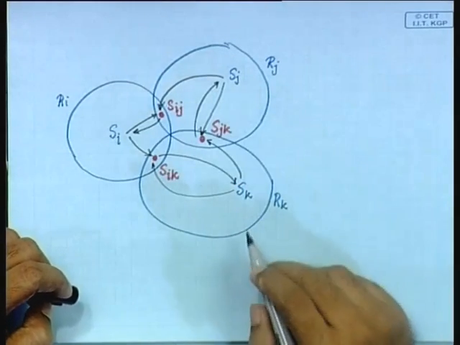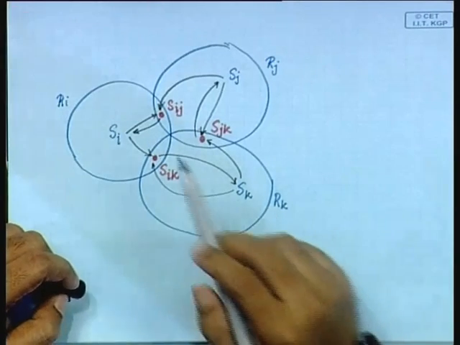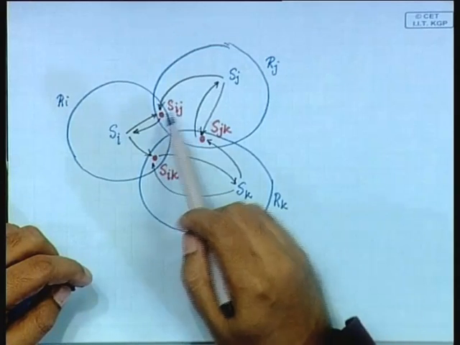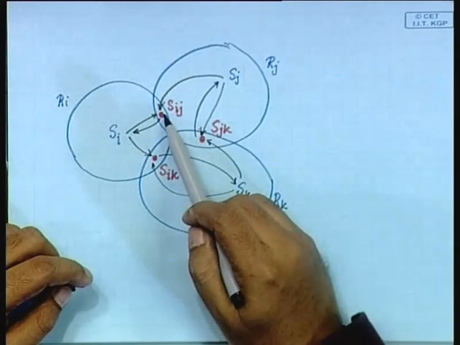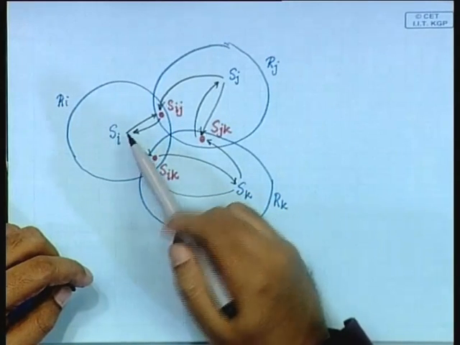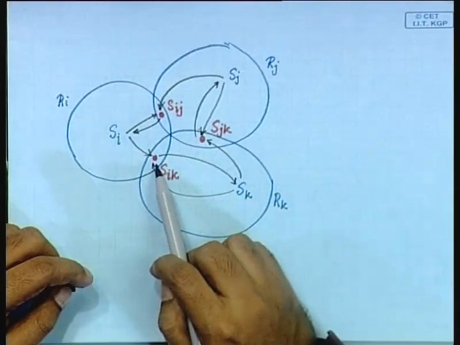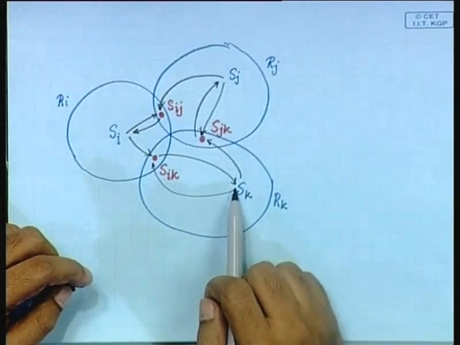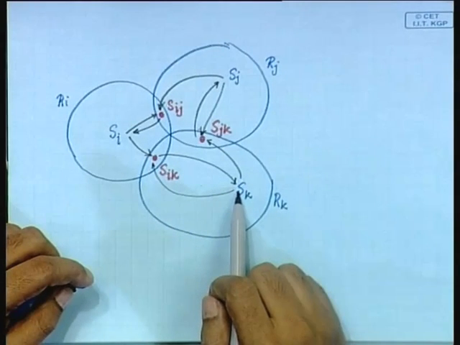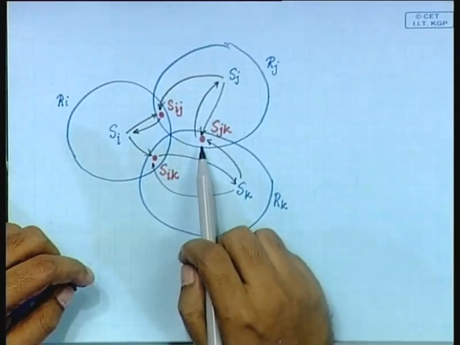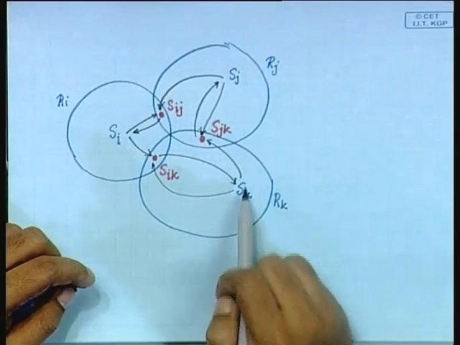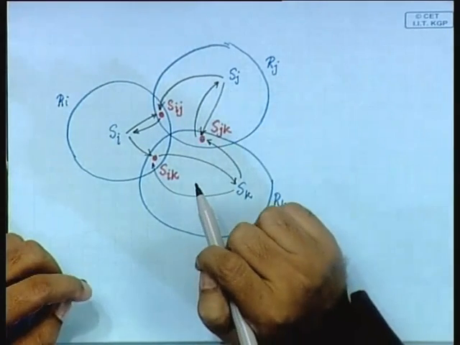So, now you see we have a deadlock situation because Sij cannot give permission to Sj until Si has released the critical section, but Si cannot release the critical section because it is waiting for a reply from Sik, right. But Sik cannot give that reply because it has given permission to Sk, but Sk cannot execute critical section because it needs permission from Sjk, but Sjk cannot reply to Sk because it has already given permission to Si.